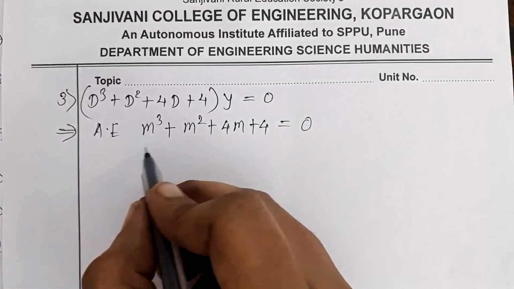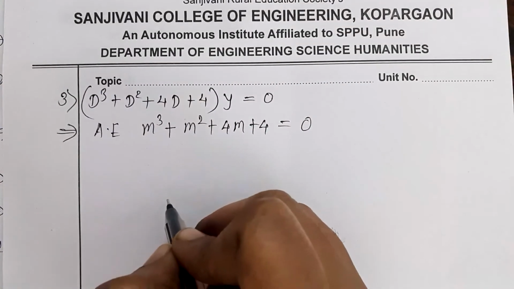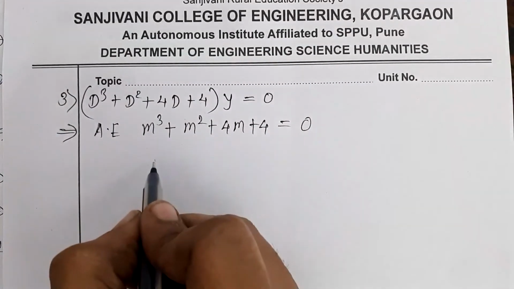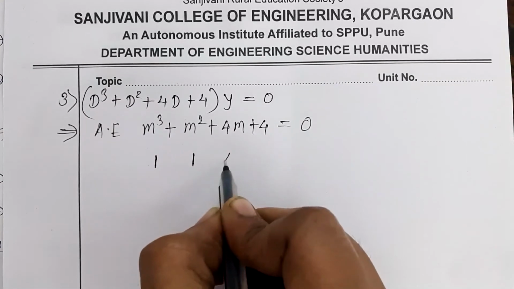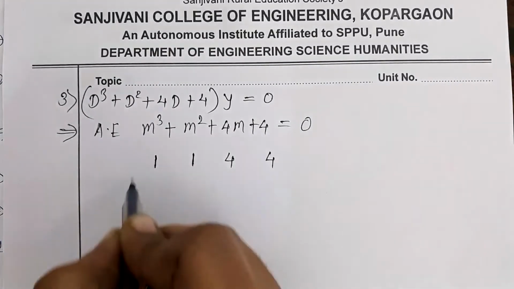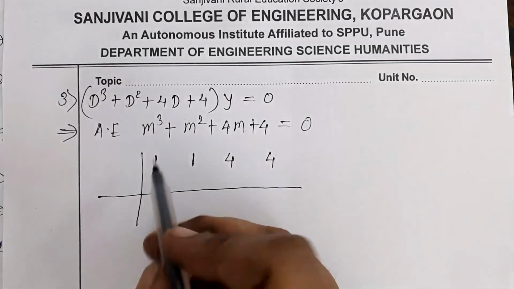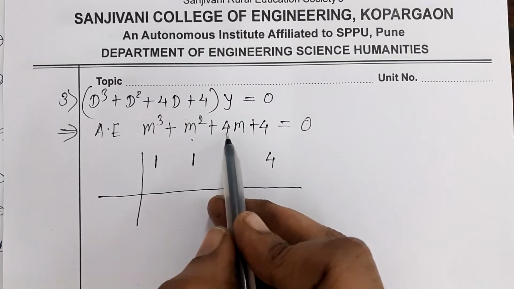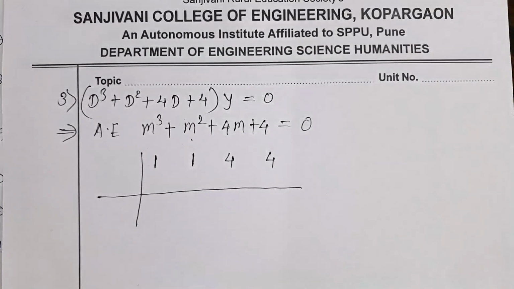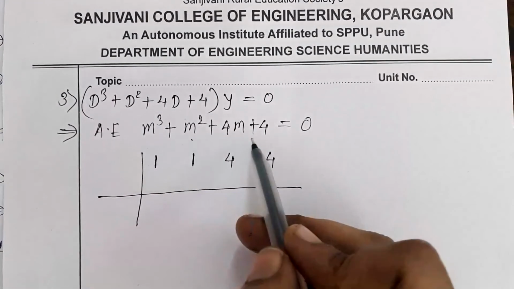Now here to find the roots, use the synthetic division method again. The coefficient of m cube is 1, then the coefficient of m square is 1, then 4 and 4. Now the first root we find by the trial and error method. If I substitute 1: 1 plus 1 is 2, 2 plus 4 is 6, 6 plus 4 is 10. It is not equal to 0, so 1 is not the root.